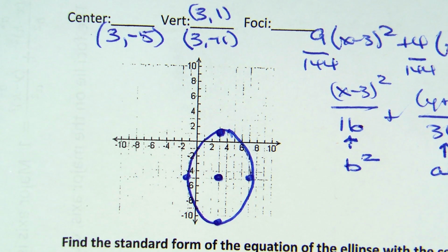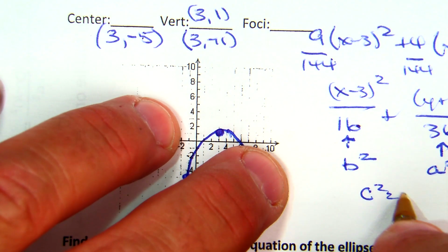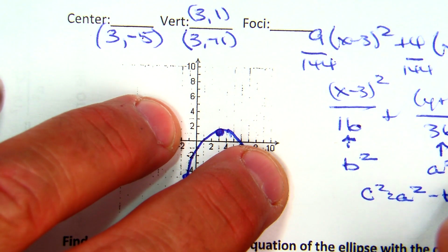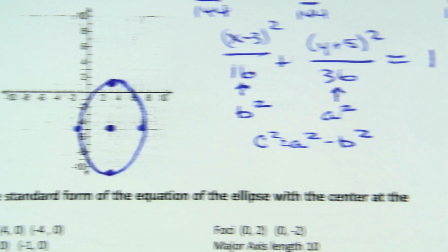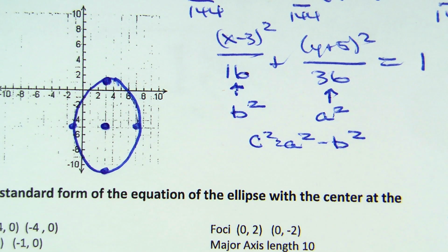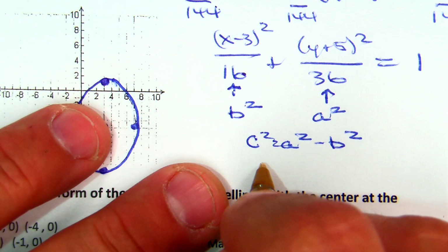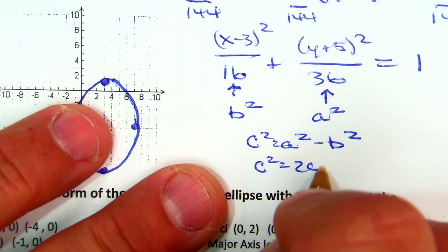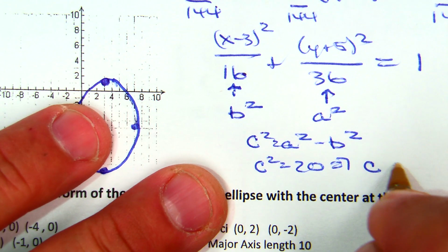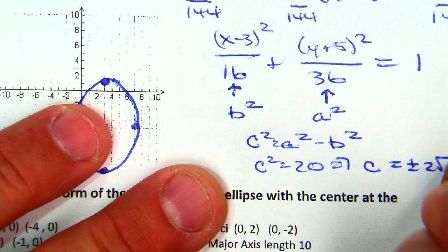The last step is to get the foci. To do that, we do c squared equals a squared minus b squared. In other words, we subtract our denominators. What's 36 minus 16? 20. Which would make c equal to plus minus 2 root 5.